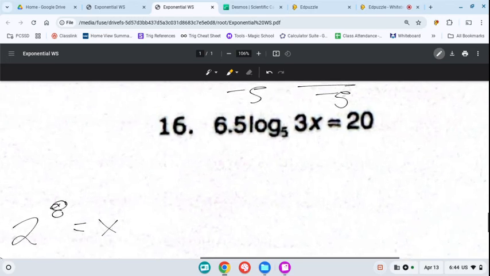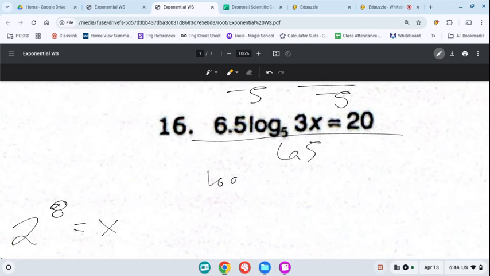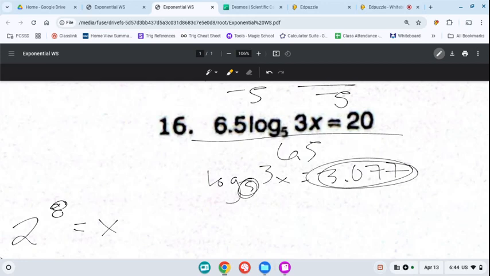Number 16, we're going to divide everything by 6.5. I now have the log base 5 of 3x equals what I get, 3.077. Now, I have my base, my exponent, and my answer.